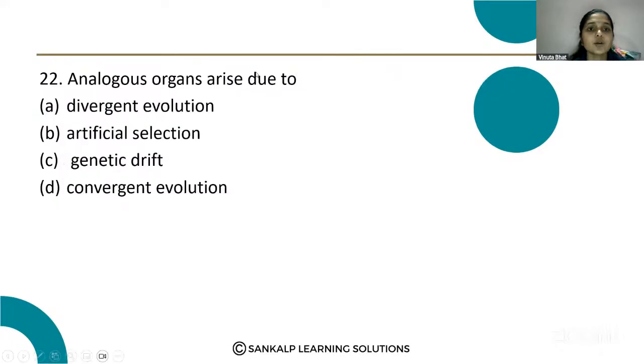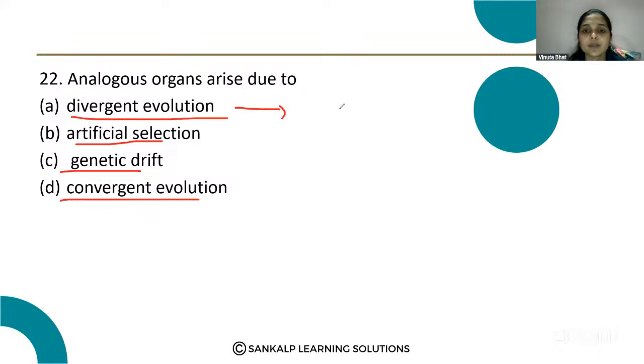Next question. Analogous organs arise due to: divergent evolution, artificial selection, genetic drift, convergent evolution. Divergent evolution means the anatomy is the same, but the function is different, which shows divergence from that species, the creation of a new species.